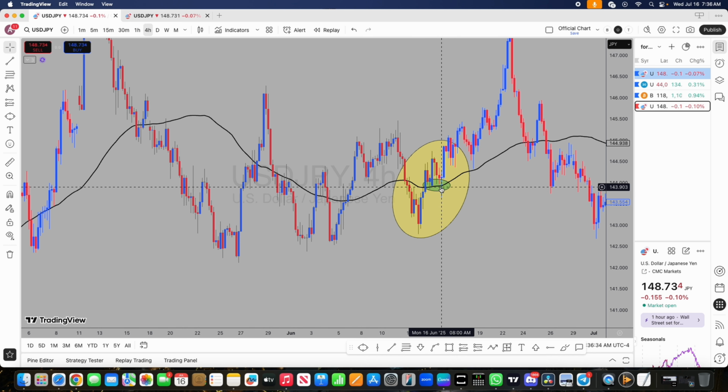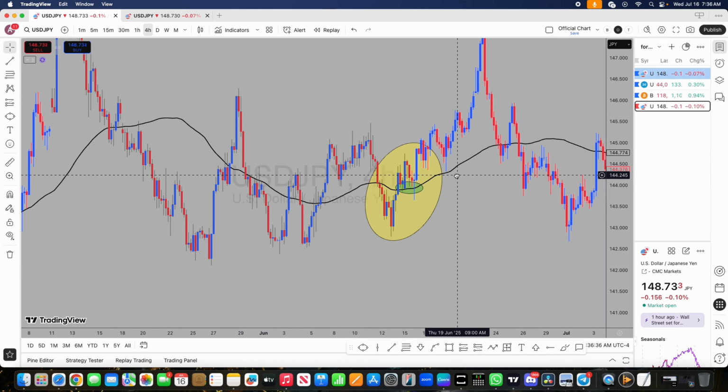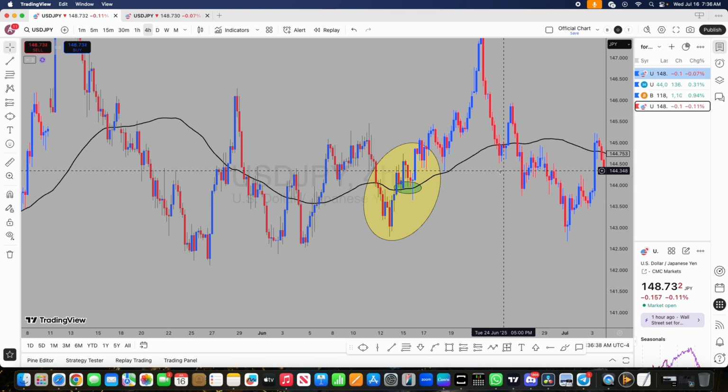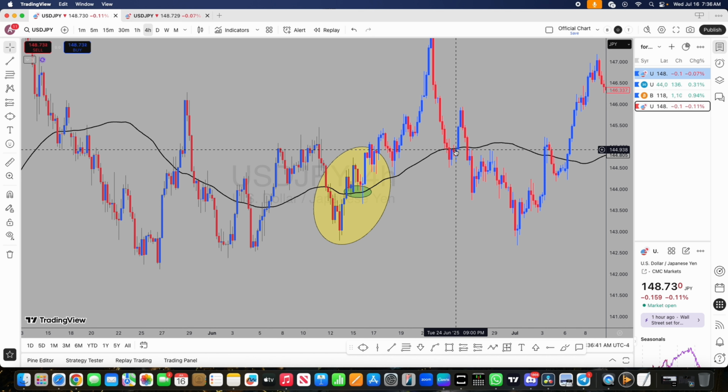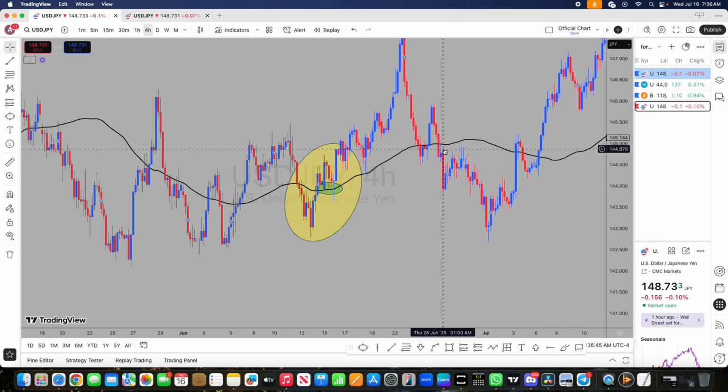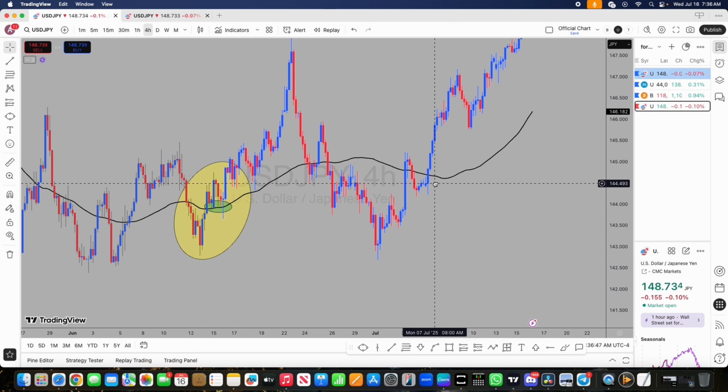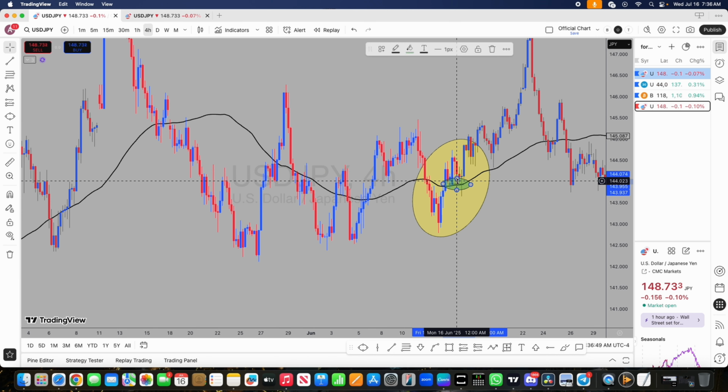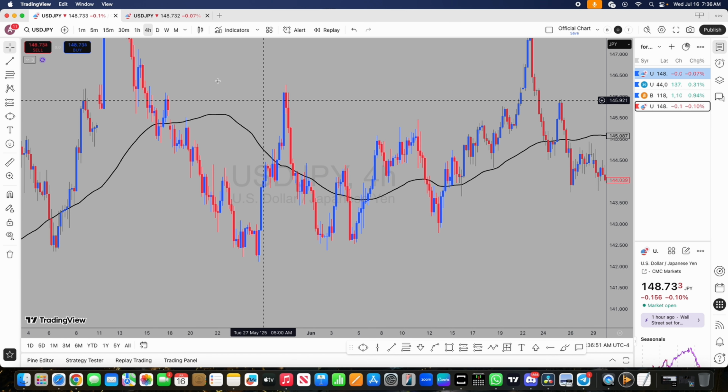Respected here, respected on this wick, and it came up, it almost respected it here, and then we broke, and then it respected as a level of resistance. So it respects it a lot as a level of resistance and support.